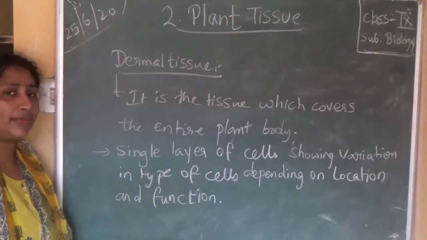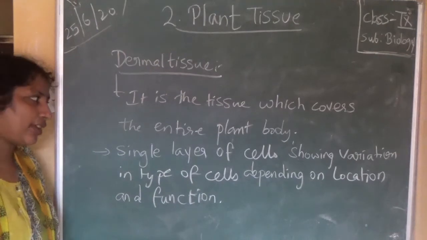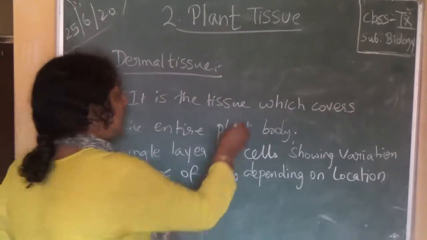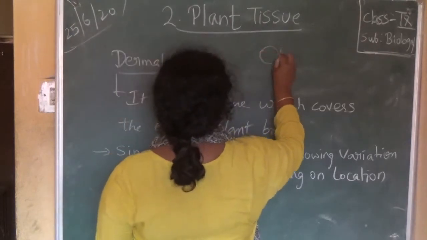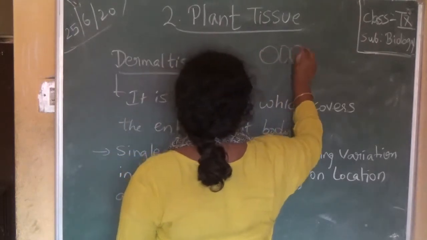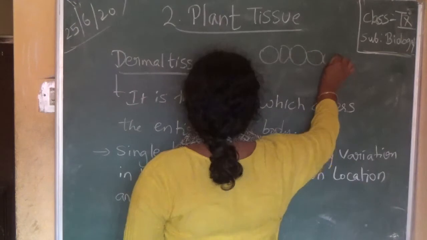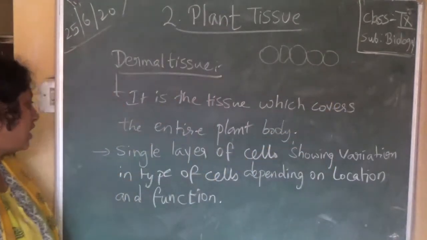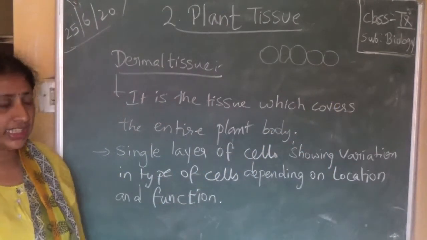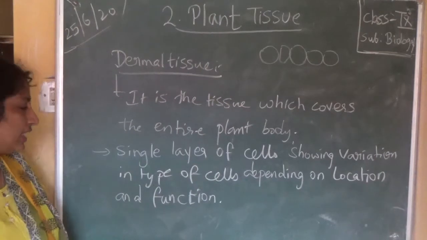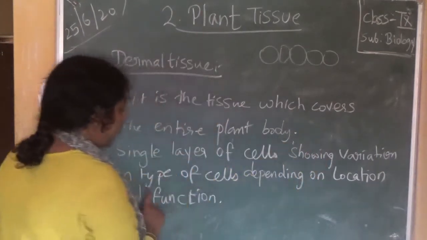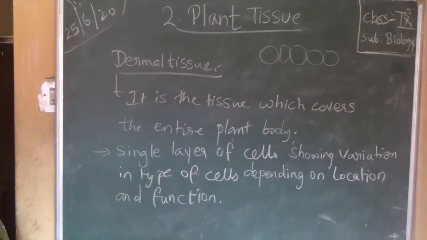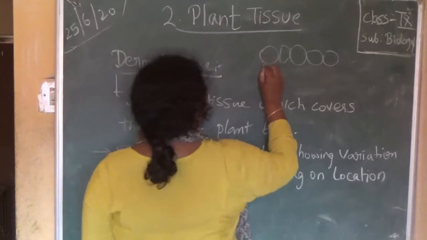So this is the dermal tissue. If you see the dermal tissue, there is only a single layer of cells, showing variations in the type of cells depending on location and function. All this is dermal tissue. This is a single layer of cells, and this is another single layer of cells, but we call them entirely dermal tissue because it is a single layer of cells showing variation in type of cells depending on location and function.